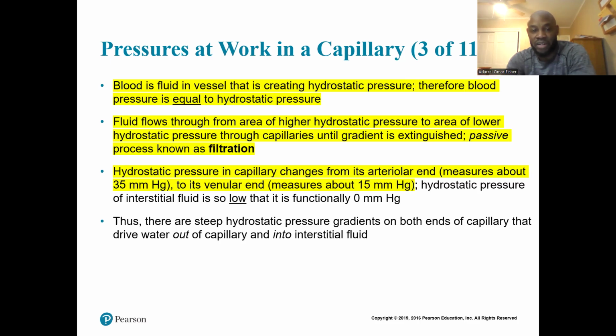Hydrostatic pressure in capillaries changes from its arteriolar end, which is 35 millimeters of mercury, to its venular end, which is 15 millimeters of mercury. All right, so the hydrostatic pressure, the blood pressure, changes over the course of the capillary.